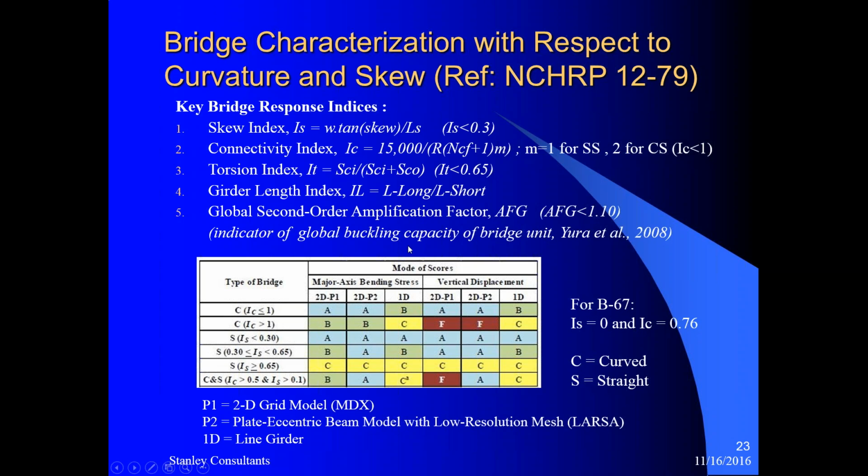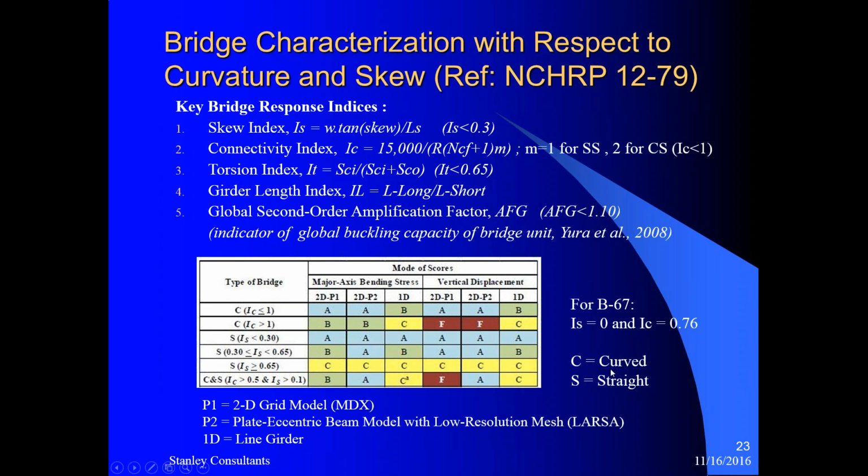For our sample bridge, there is no skew. It is radially supported. And I calculated using this formula, the connectivity index is 0.76. And here again in this investigation report, they give which kind of analysis would be the most applicable.